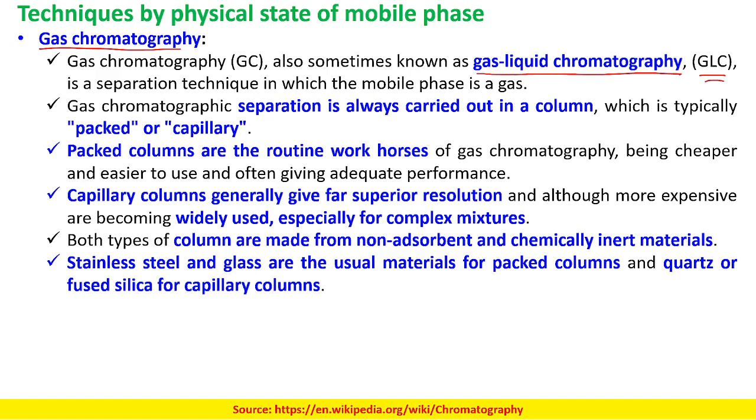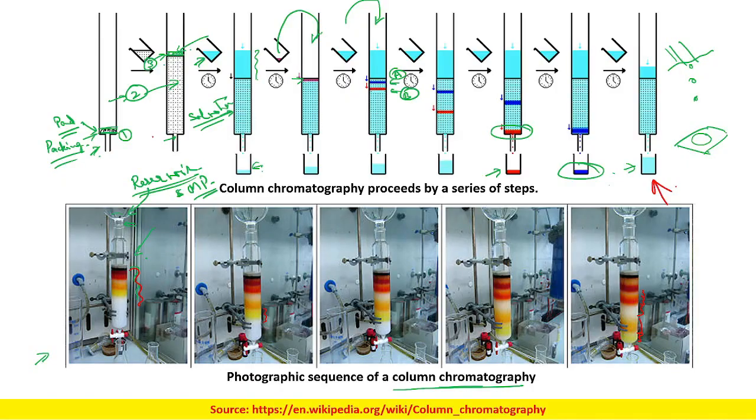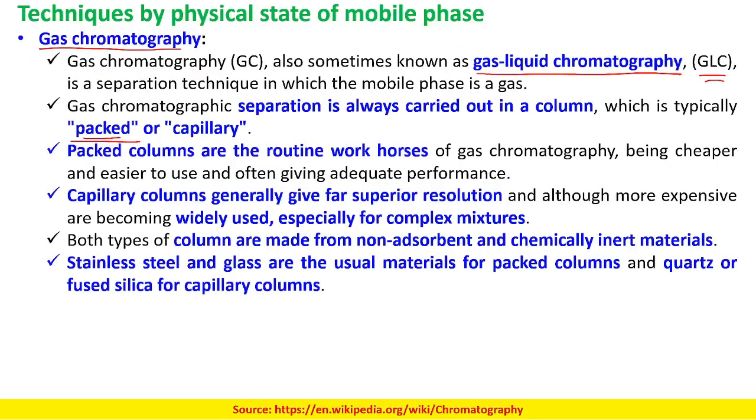Gas chromatography can be a packed column chromatography. Packed column means just like where we have packed the column before, here also we can pack the column. Instead of using a solvent, we can use a gas as the mobile phase, and then it becomes a gas chromatographic system.